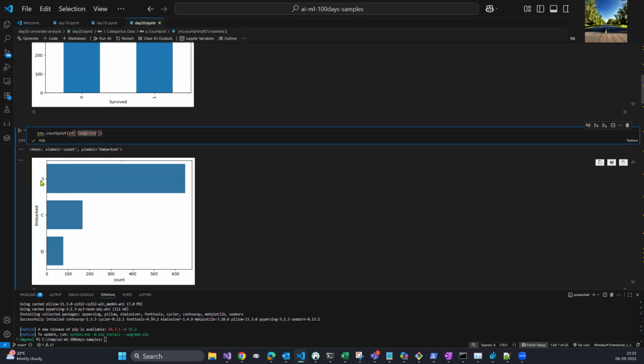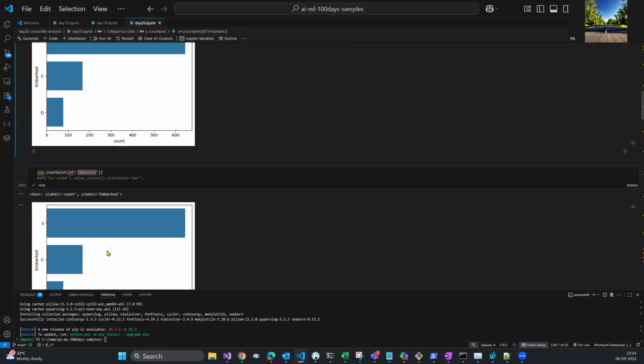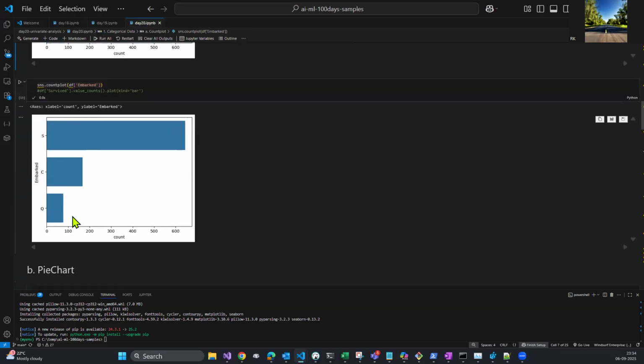From Southampton, the count is near about 650. From Cherbourg, we were getting near about 200, and from Queenstown, we got near about 90. So these were passenger counts.